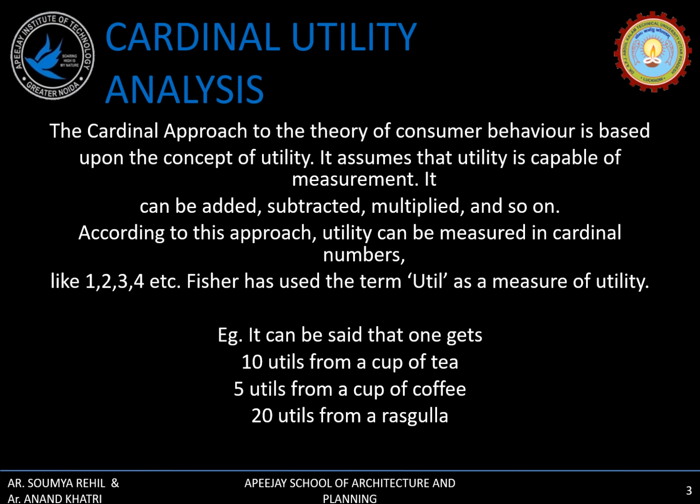Speaking about the same person, instead of tea or coffee, if you offer that person rasgulla, maybe they would get a higher satisfaction from that rasgulla. So we can roughly say that the rasgulla would give him 20 utils of satisfaction. See, it is all about comparison from one another. How much satisfaction it would give to a person compared to another.